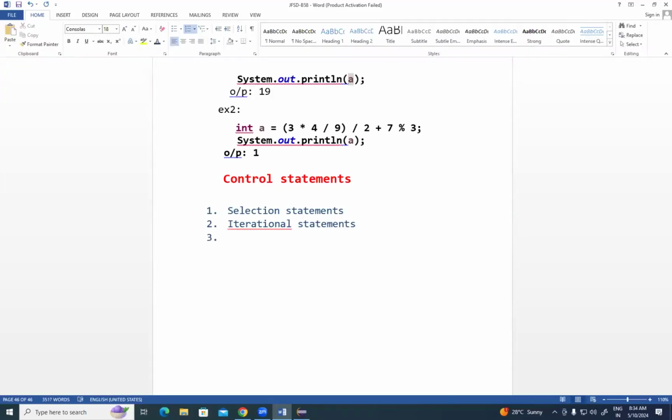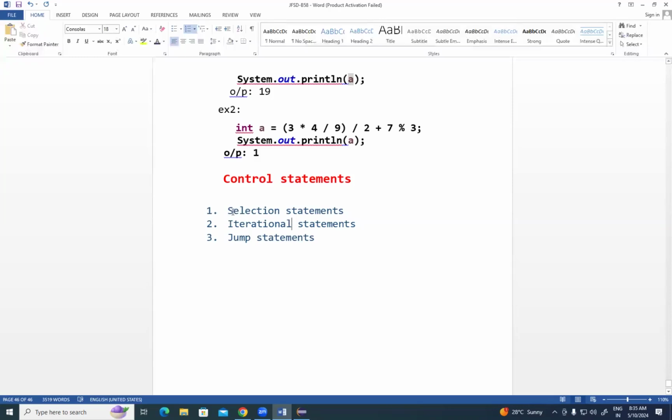The third one is jump statements. Control statements are divided into how many categories now? 3 categories. What are they? Selection statements, iterational statements, followed by jump statements.